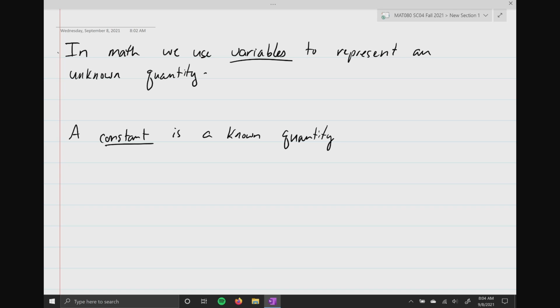Okay. Now, if we take this definition and extend it a little bit, we have something called algebraic expressions. So, let me write out the definition first.